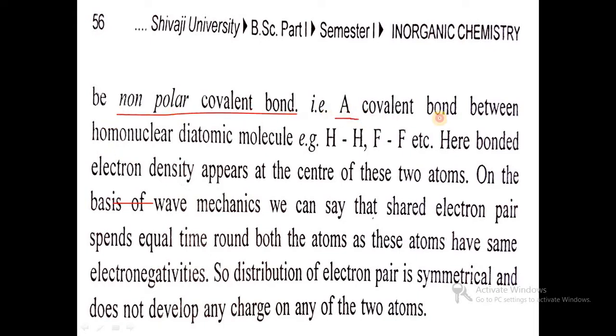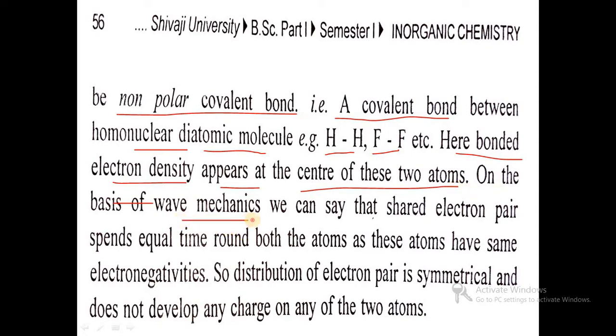That is a covalent bond between a homonuclear diatomic molecule, that is hydrogen-hydrogen H2 molecule or fluorine-fluorine F2 molecule, which is a non-polar covalent bond. Here the bonded electron density appears at the center of the two atoms, because both atoms are the same.